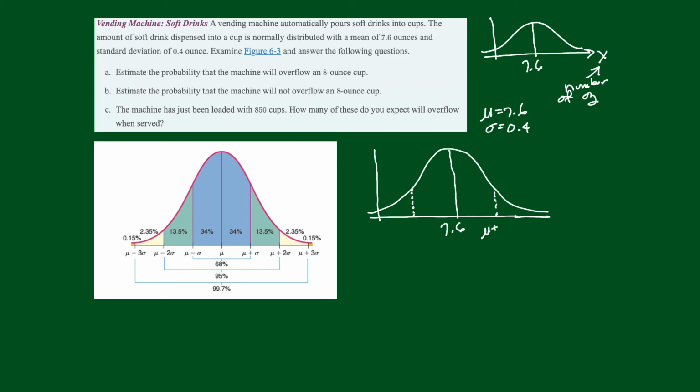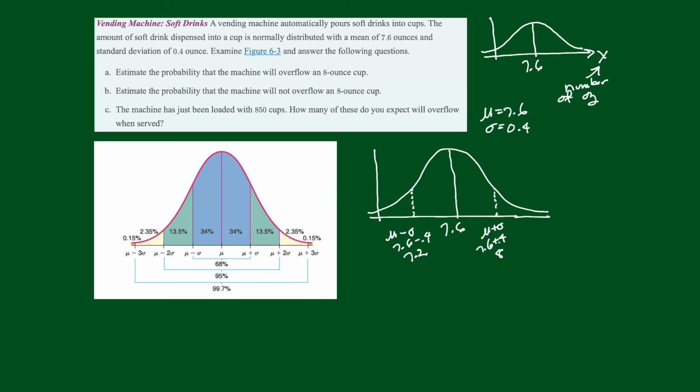This is mu plus 1 sigma, so it's 7.6 plus 0.4, that turns out to be 8. And down here, this is mu minus sigma, so it's 7.6 minus 0.4, so we get 7.2 ounces. Now that's one standard deviation.